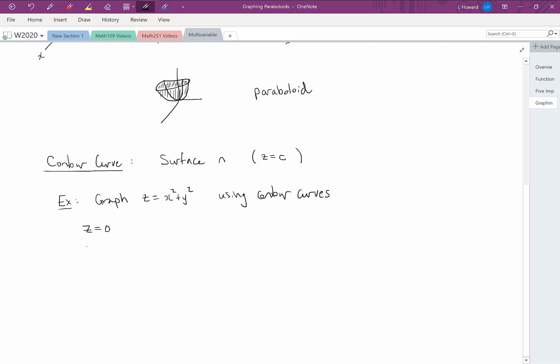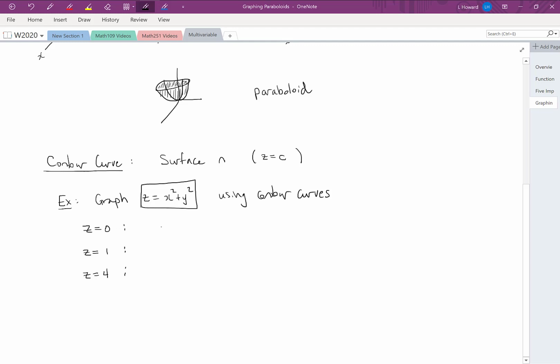I would say just probably doing 2 or 3 would be enough, and I'm going to choose some numbers that work out nicely. So let's think about what happens when z equals 0. Think about what happens when z equal 1, and we'll also think about what happens when z equal 4. So we're going to sub these different z values into our equation for our multivariable function. We're just going to see what happens to our equation.